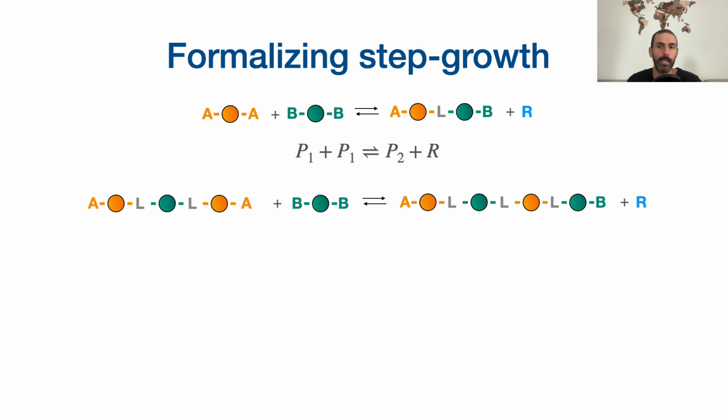I could do the same for the trimer and the monomer that together form a tetramer, and I would then use P3 for the trimer with 3 repeating units, and P4 for the tetramer, and again P1 for the monomers.